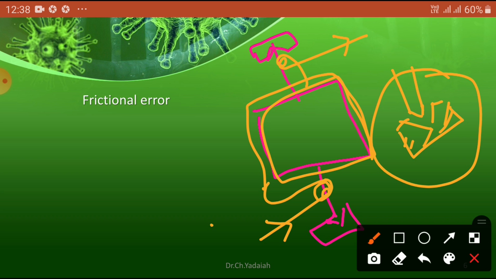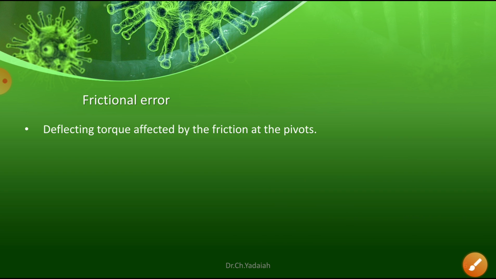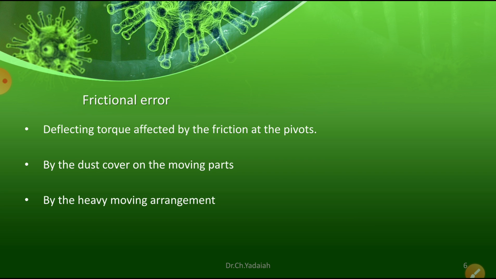The deflecting torque is affected by the friction at the pivots, by the dust covers on the moving parts, by the weight on the spindle, and by the heavy moving arrangement. Friction means how easily it can move or rotate.